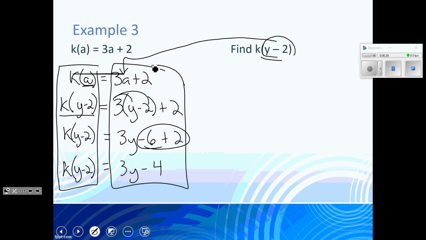So I would not distribute that. This is just referring to the output, the answer I get when I plug y minus 2 in. Thumbs up if that makes sense. Thumbs in the middle if you're like, okay.